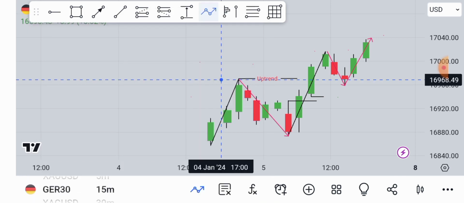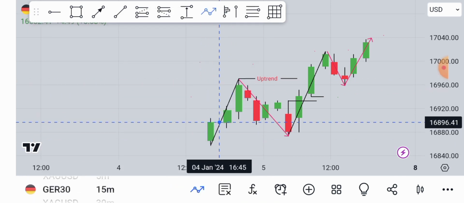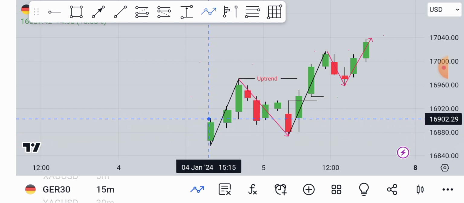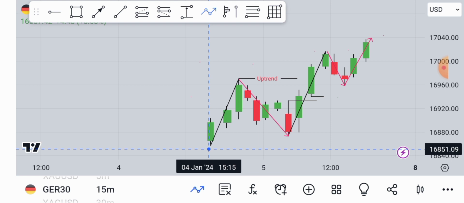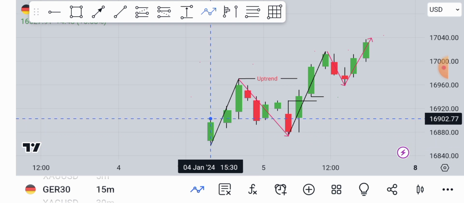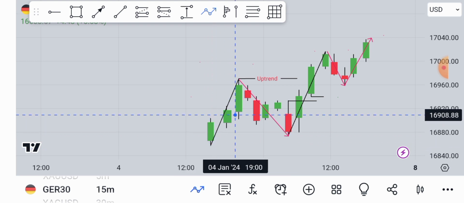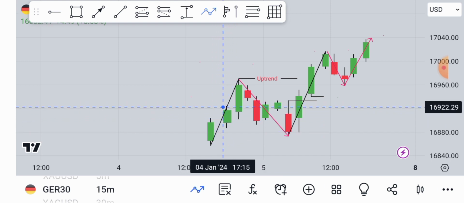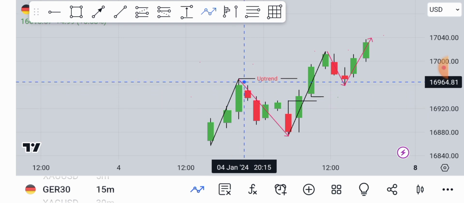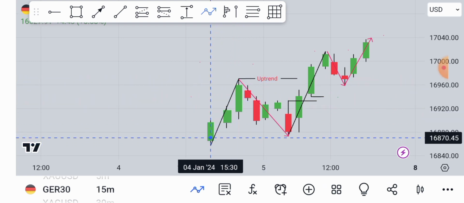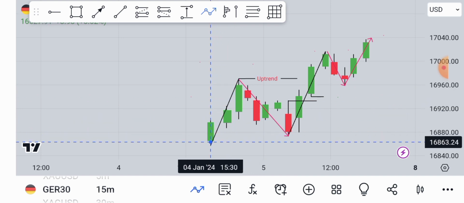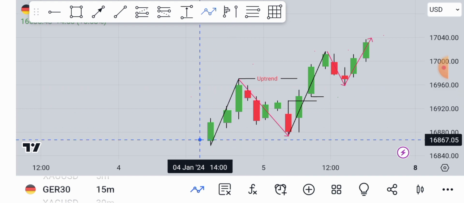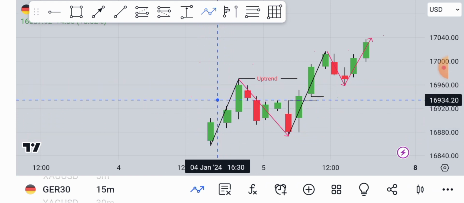From the low of this candle to the high of this candle, the high was taken out by the next candle. Then the second candle, also the high was taken out by the third candle, which makes this an impulsive move because it has covered a large distance in a short period of time.